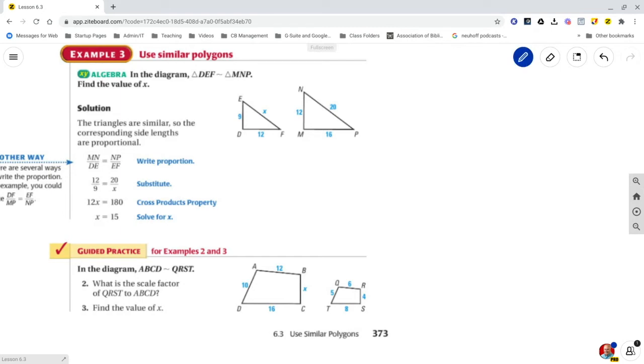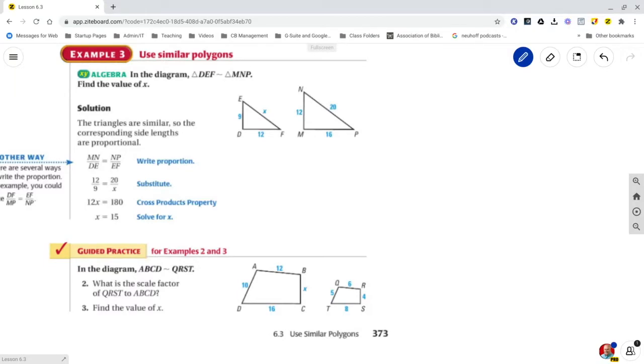So now what we can do is identify a situation where we want to ensure that these two triangles are going to be similar, but we have an unknown value for one of the sides. What we know is that for them to be similar, all three of the corresponding sides must have the same ratio.